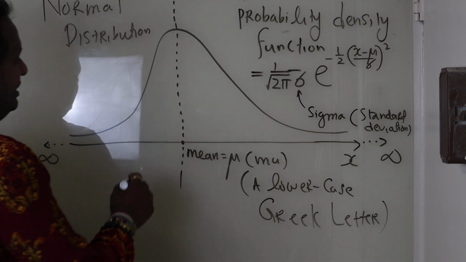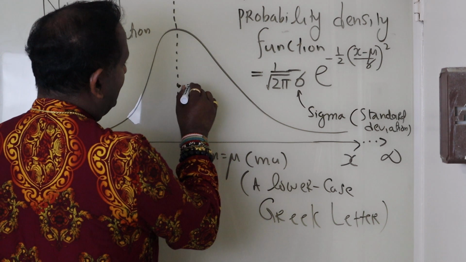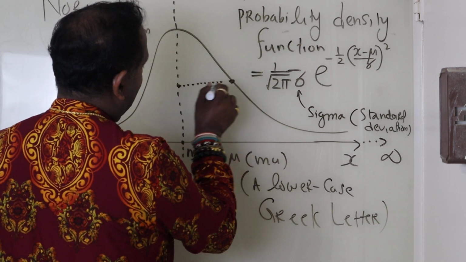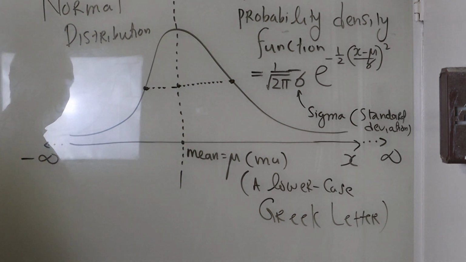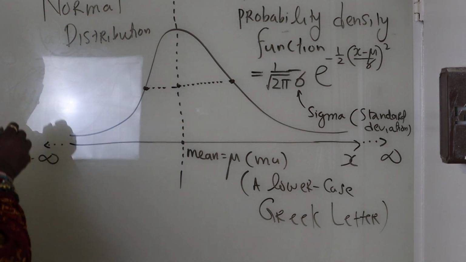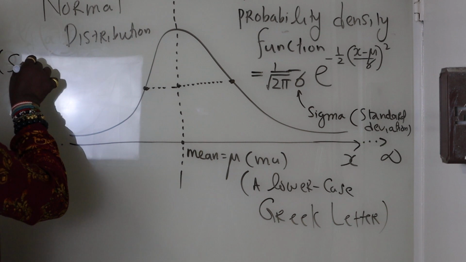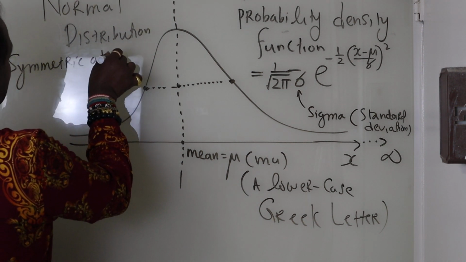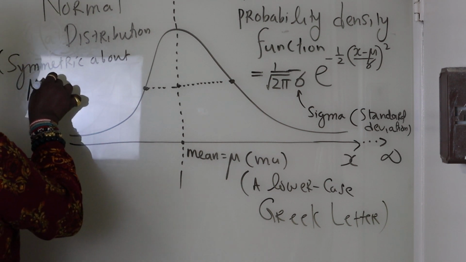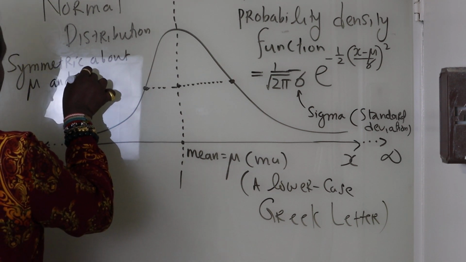On the other hand, the distance from here to this point and the distance from here to, I haven't drawn this to scale, but it should be symmetric, bell shaped. This is symmetric about mu and bell shaped.